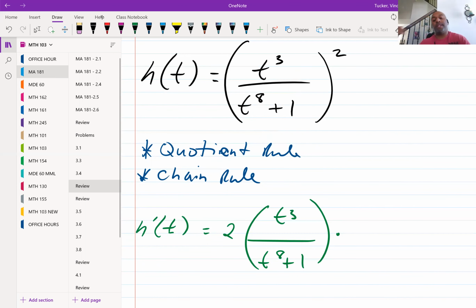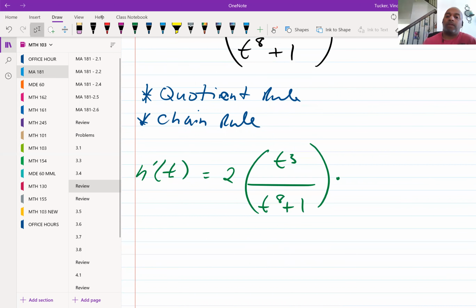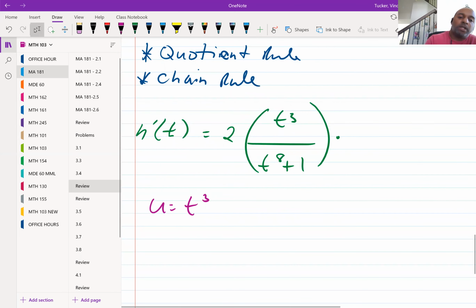Now, when we take the derivative of the inside, that's when we have to use our quotient rule. All right. So doing the quotient rule, we have our top, we can call u. Then the derivative of that, which is u prime, that would be 3t squared.